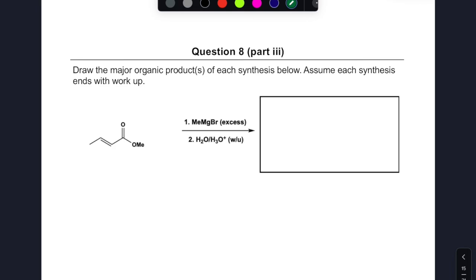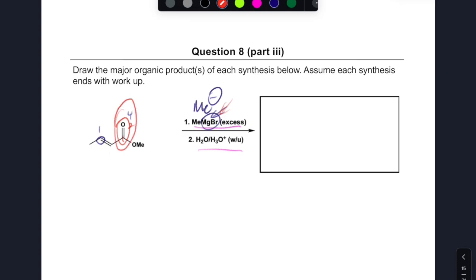In our next one, we're doing nucleophilic addition where we have an excess of methyl magnesium bromide, and then a workup step where we're doing our acidification. Now, our nucleophile is obviously methyl minus. Notice this is a very strong nucleophile, methyl magnesium bromide. If you check back in our lecture conditions, even though we have what could be 1,4 addition to this center or 1,2 addition, when we use a Grignard reagent or strong nucleophile like this, the 1,2 addition is actually preferable.